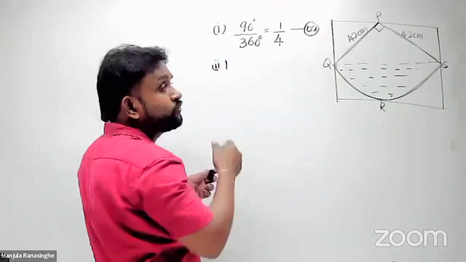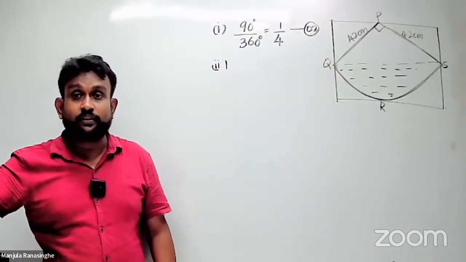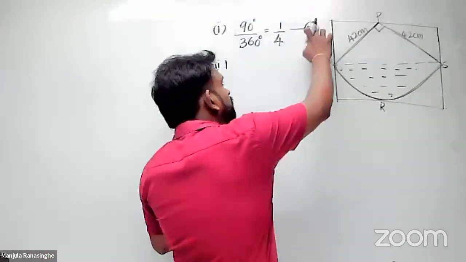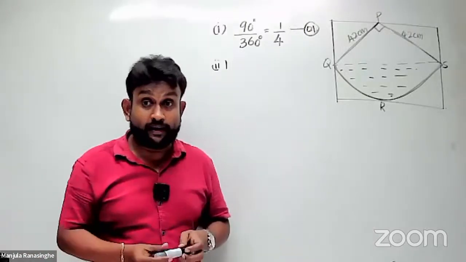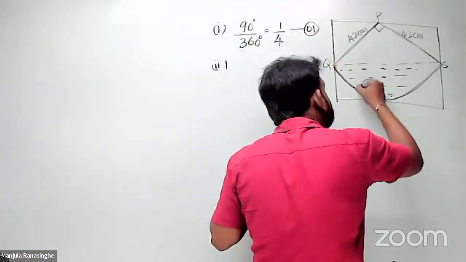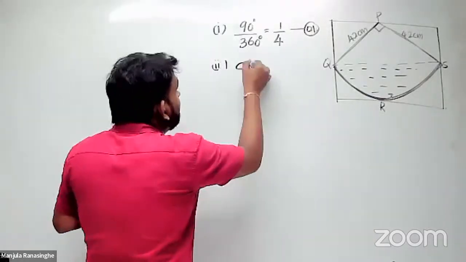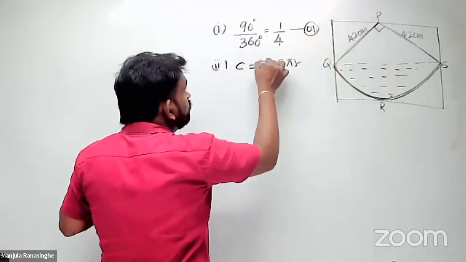Right, then part 2. See part 2. Find the arc length. One mark for this small part. Then find the arc length of QRS. So here the QRS, we have to find the arc length. You know that the full circle arc length is 2πr, but now you know that it is 1/4 of the full circle.